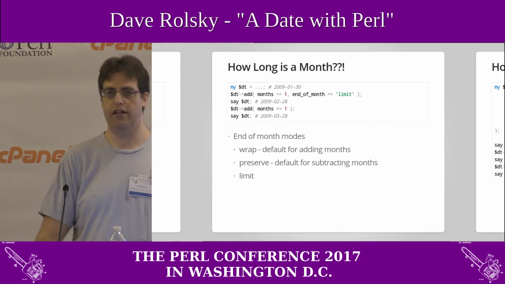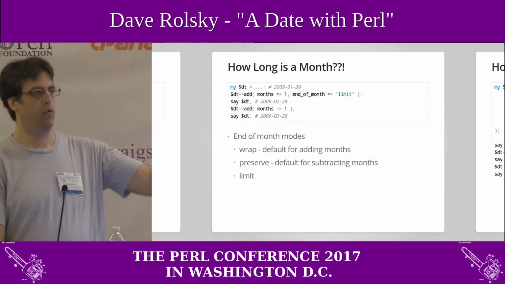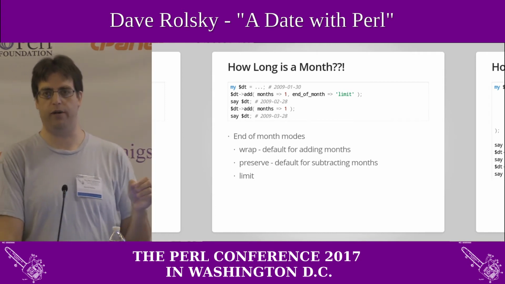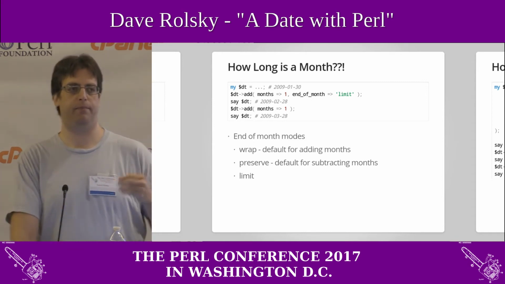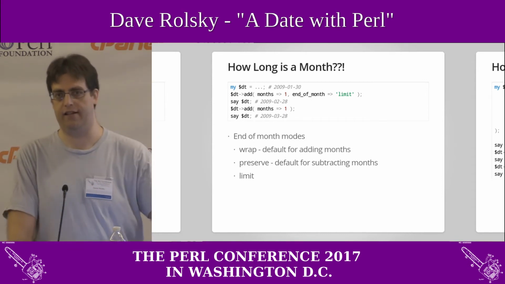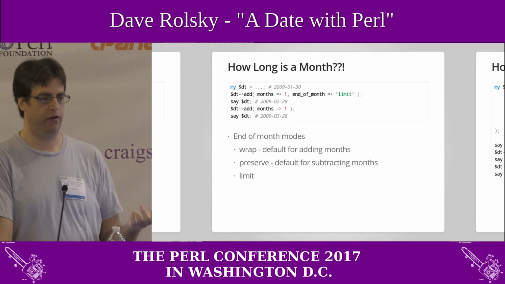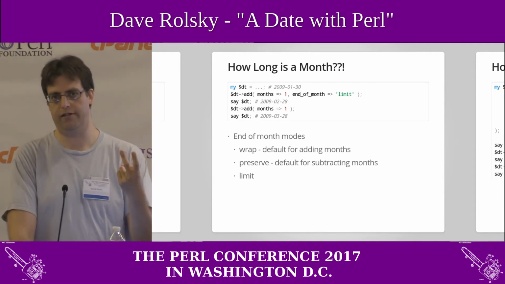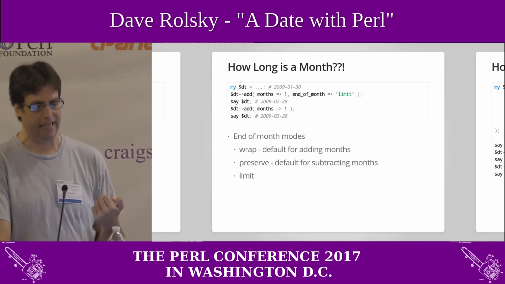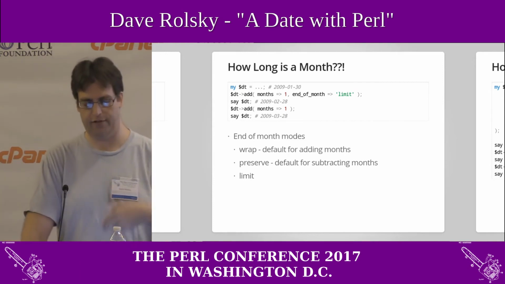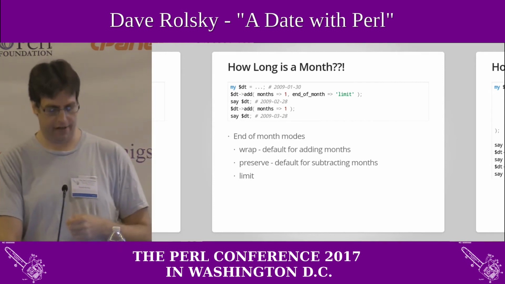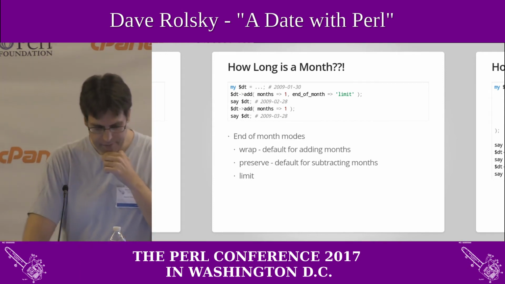There are also other methods where you can do that differently. If you use limit as the end of month mode, we add 1 month on January 30th, and limit basically says don't go past the end of the next month. So it tries to add 30 days, goes, oh wait, I went 2 months ahead, and it backs up until it hits February 28th, and then if you add a month again, you will get March 28th.